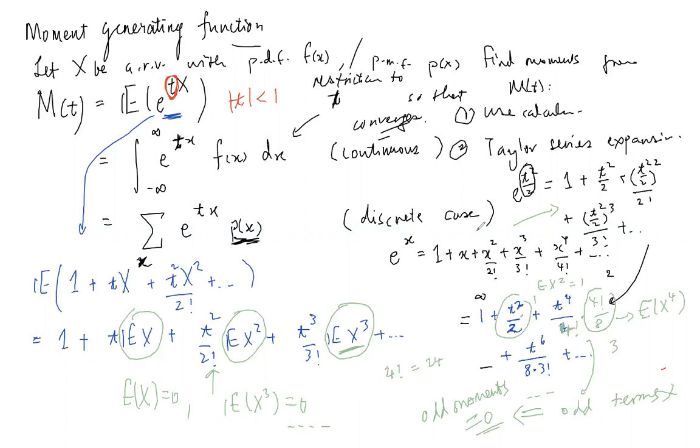Okay. So there are 2 ways to do it. Either you can use calculus, which may look a little bit easier, but if you know how to use the Taylor series expansion, then usually this will actually be faster.